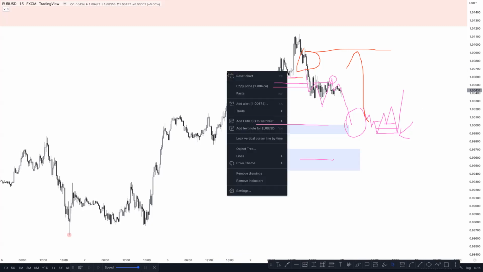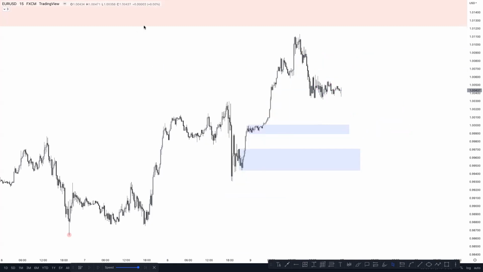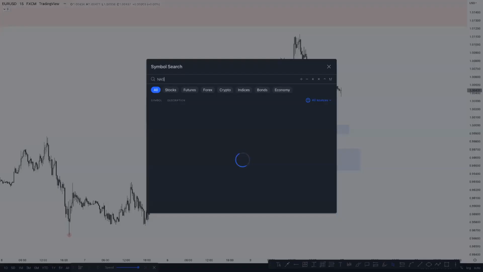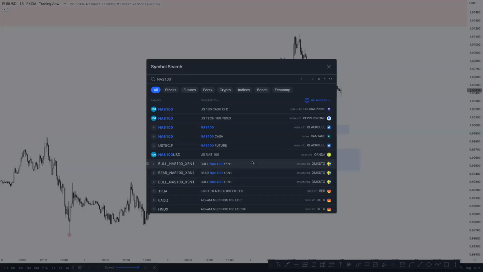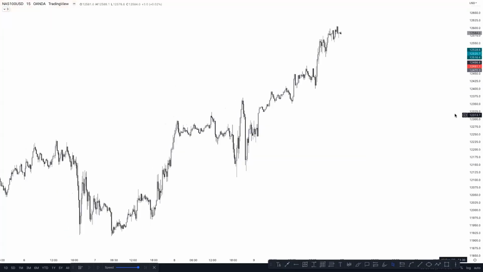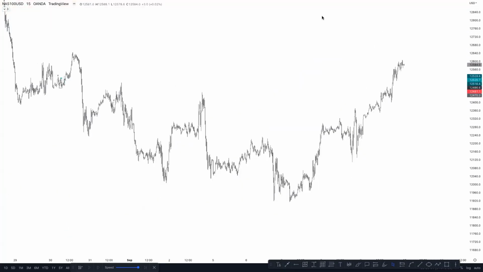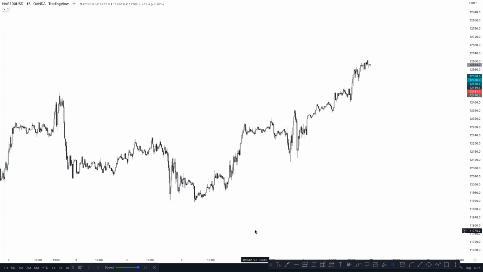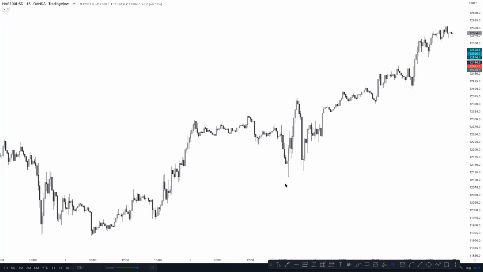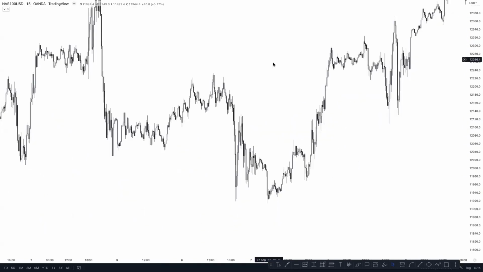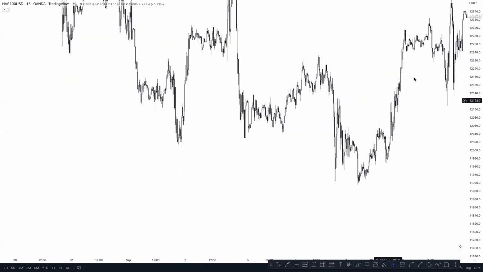Okay, let's look at the NAS 100 quickly. If I'm starting from the bottom, where the market pushed higher.